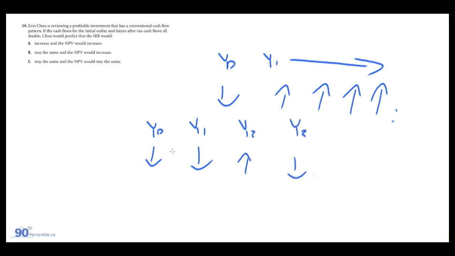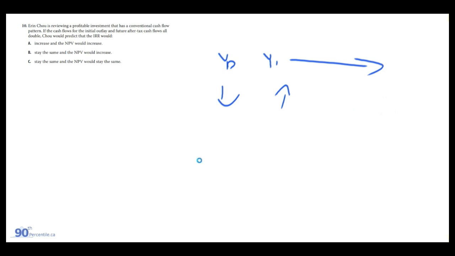And then maybe year 2 it's an inflow, and then year 3 it's an outflow again. So this is an unconventional pattern, and it makes it a bit trickier when calculating IRR, because in instances like that you could have a situation where you have multiple IRRs for one project, which obviously doesn't make sense. IRR of course is a percentage-based calculation, whereas NPV is just the sum of all the present values.